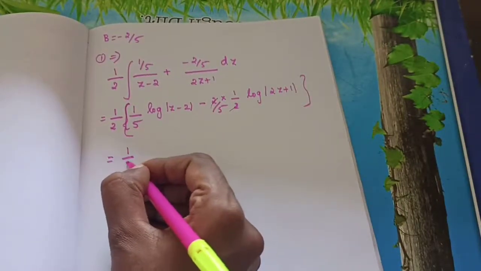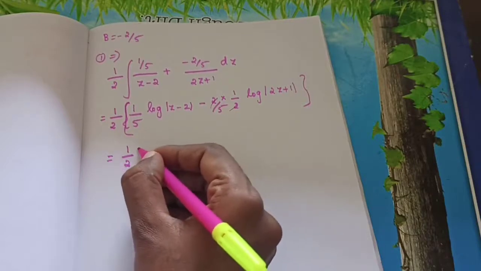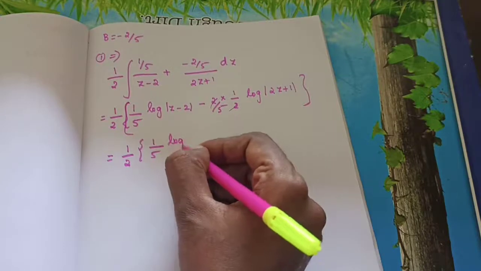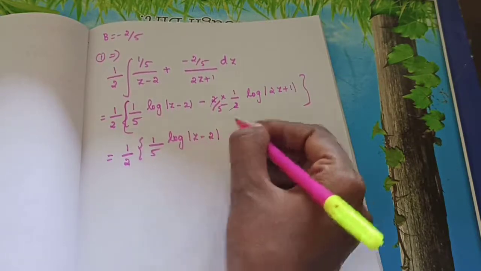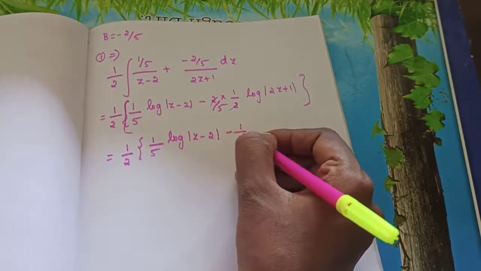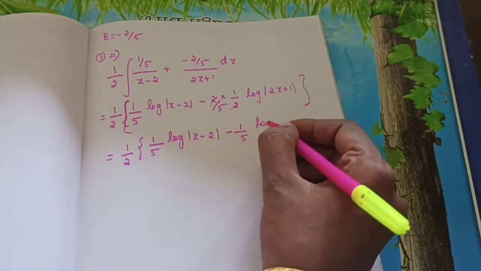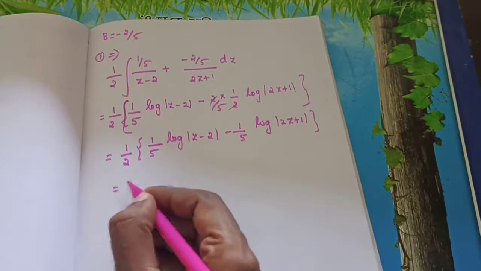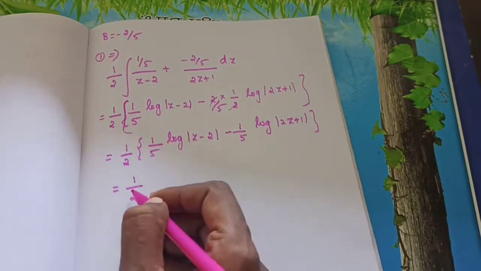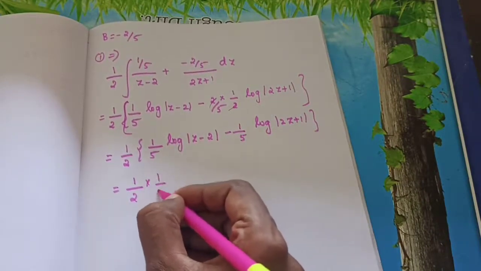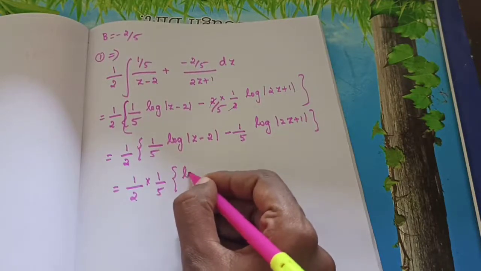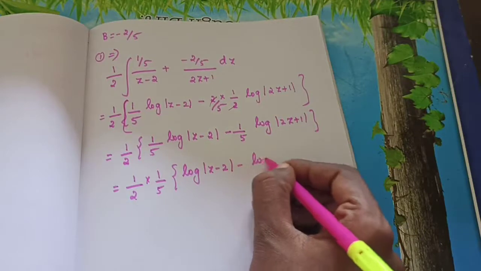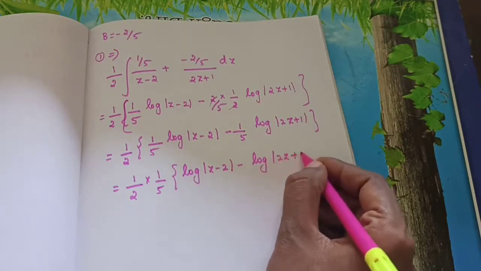What's the balance? 1 by 2 into 1 by 5 into log of mod z minus 2 minus 1 by 5 into log of modulus of 2z plus 1. That's equal to 1 by 2 into 1 by 5 common, so take 1 by 5 outside: log of mod z minus 2 minus log of modulus of 2z plus 1.